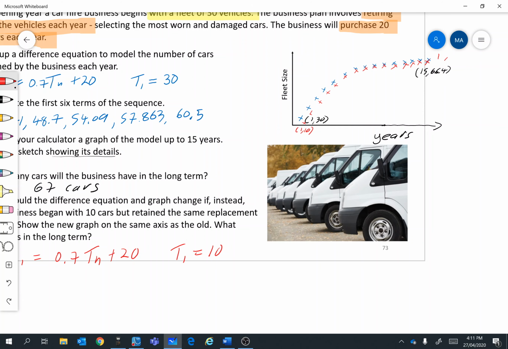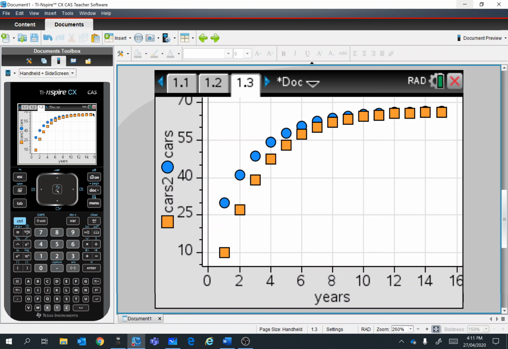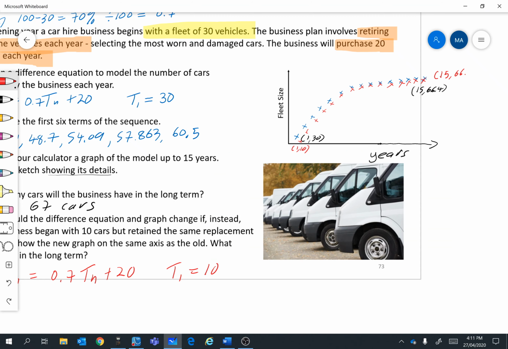Just check that one, see what it is actually. It's actually 66.3 at the end, so I'll put that. So that very last one there is just slightly below.